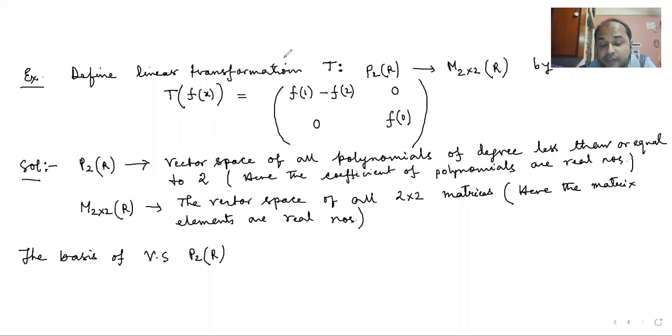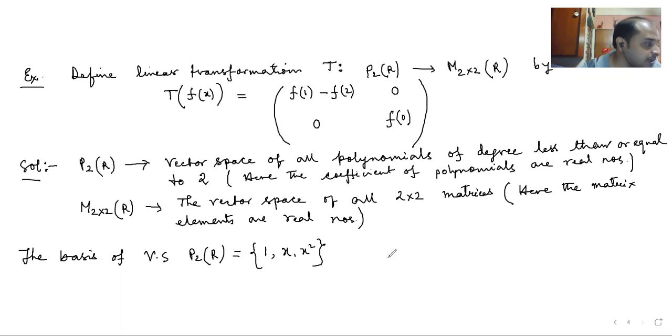The dimension of P2(R) is n plus 1, so 2 plus 1. Therefore the basis of this is 1, x, x squared. Any polynomial of degree 2 or less can be generated by these. This is the basis of P2(R).